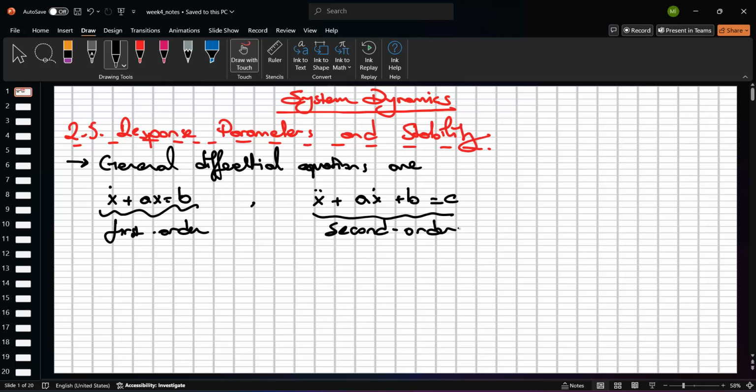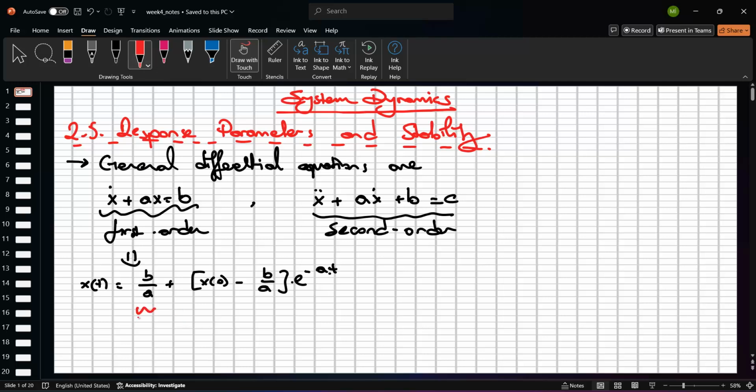So, what's the solution of these terms? Just remember the previous lesson. We solve this in terms of x(t), in terms of a and b, right? So, b divided by a plus x0 minus b divided by a, times e to the power of minus a t.